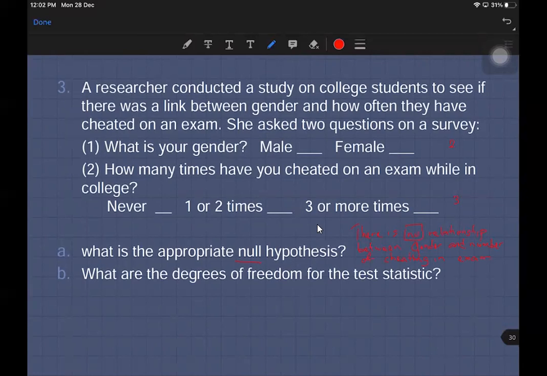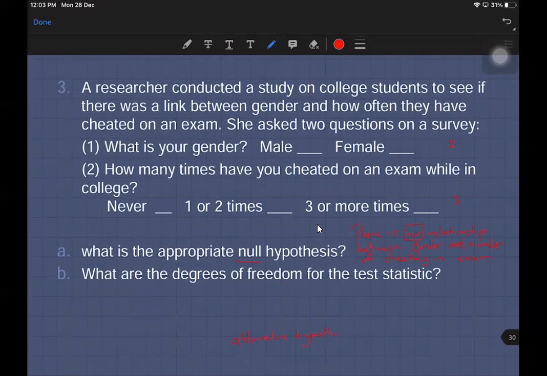Sorry, before we go to B, another question: what is the appropriate alternative hypothesis?